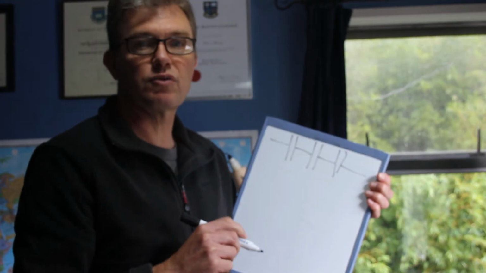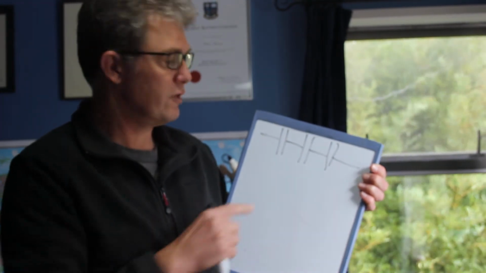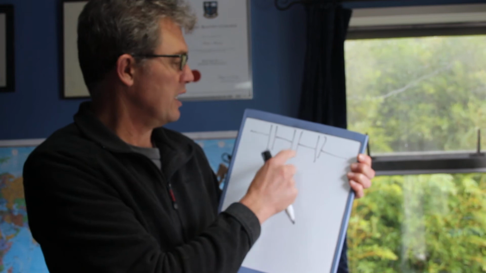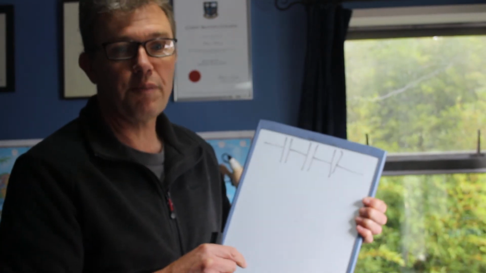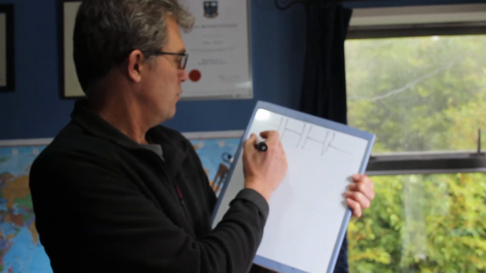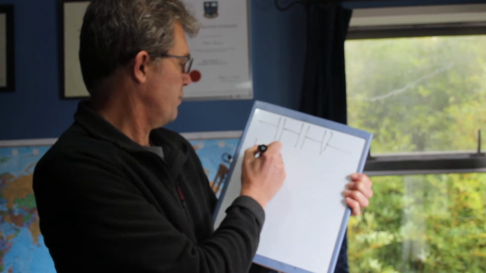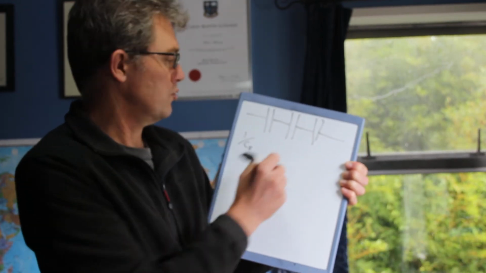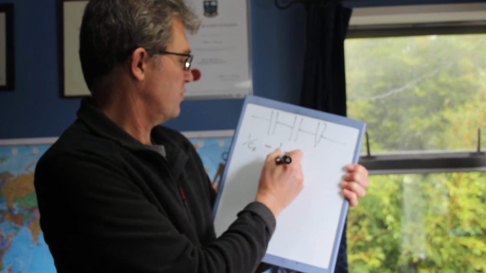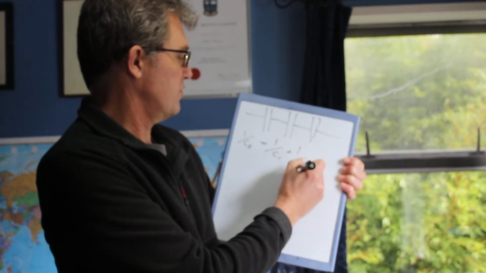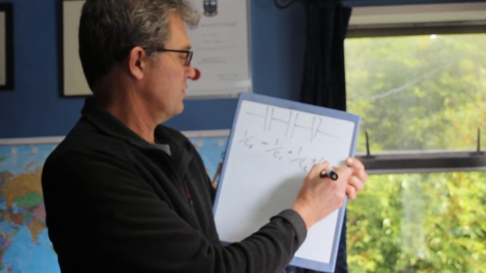We're used to seeing this with resistors, where in series resistances just add together to give you a total resistance. Well, capacitors are the exact opposite. With capacitors, 1 over the total capacitance in series equals 1 over C1 plus 1 over C2 plus 1 over C3.